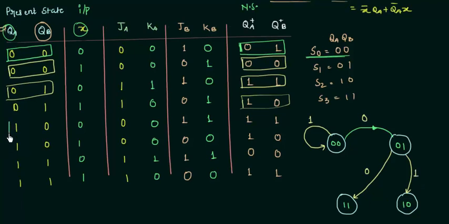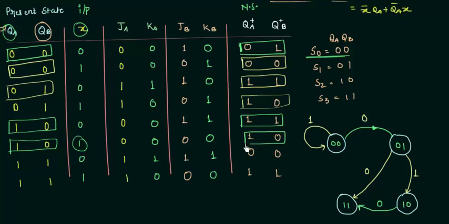Now let's check when we are on S2 and the input is 0. We are going to be on S3. So from S2 I am going to S3 when the input is 0. And when I am on S2 and the input is 1, I am going to be on S2 itself, the same state.